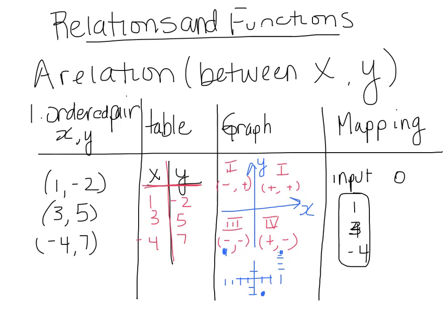And then we have a set that contains the output, and that set contains some numbers, and I'll just mix it up to show you what you can do. Maybe I wrote it this way just to be different. And we map how the input relates to the output. When x is 1, y is negative 2, so you map it with an arrow. When x is 3, y is 5, so it doesn't have to line up side by side like in ordered pairs, and negative 4 and 7. Okay, so that would be a mapping.